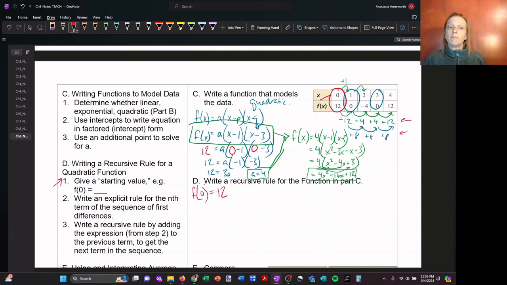The first step, besides just giving a starting value, is to write an explicit rule for the nth term of the sequence of first differences. That means I want to use these numbers here to help me figure out how to get this sequence of green numbers. This is a linear pattern because I'm constantly adding 8 to get the next green term in the sequence.